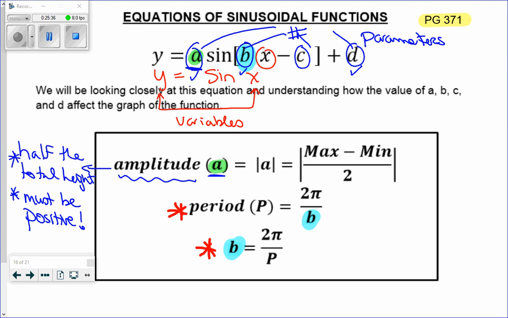When we say half the total height, the implication there is that it is a distance. So when you're driving in your car and you go in reverse, you are still covering a positive amount of distance. You're just doing it in a negative direction.